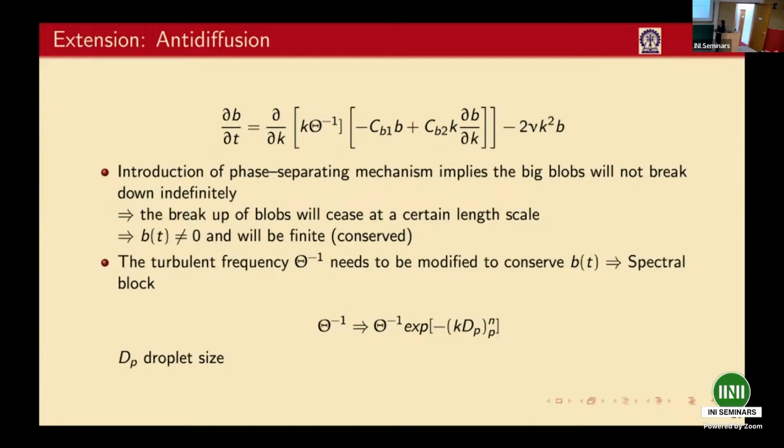The turbulent time scale needs to be adjusted to give the formation of droplets and so on. It is just that the spectra needs to be blocked at a certain length scale. And this again comes to phase separation, oil water separation and so on. But I won't show that much here because of time constraint.